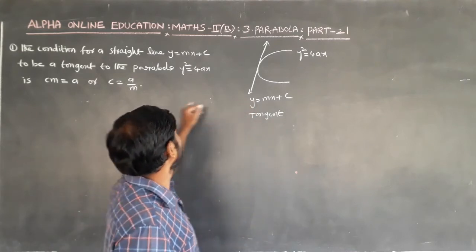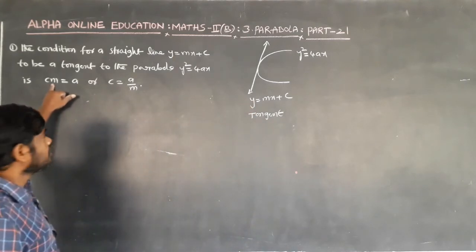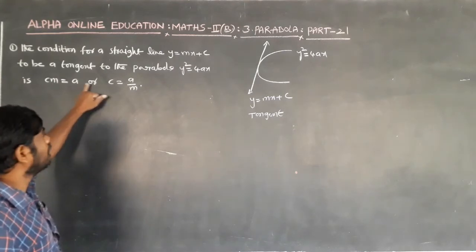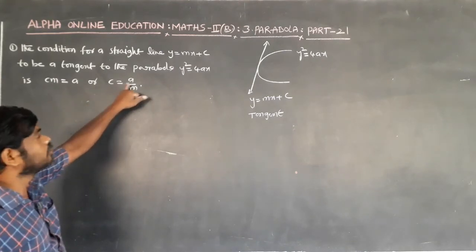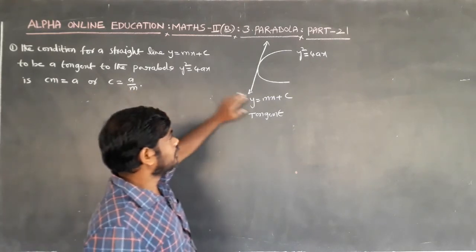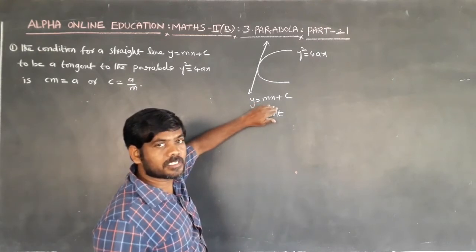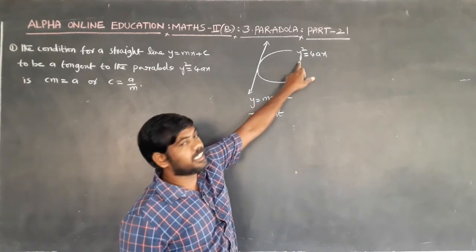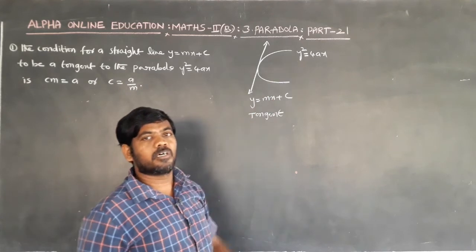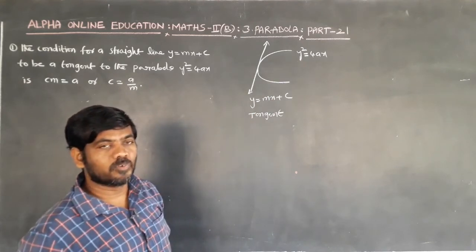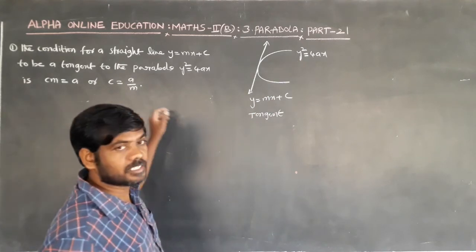Here we prove the condition cm = a, or c = a/m.